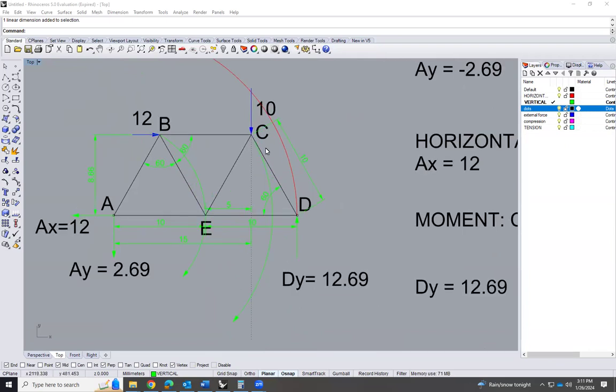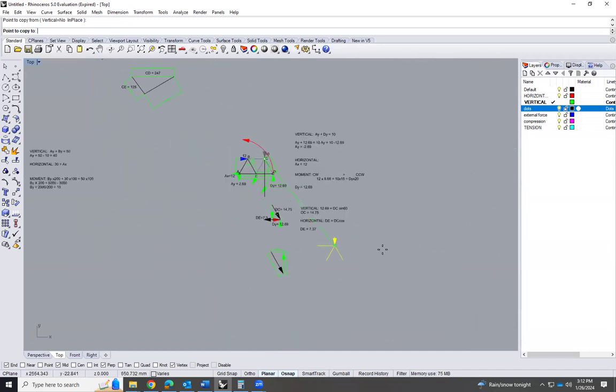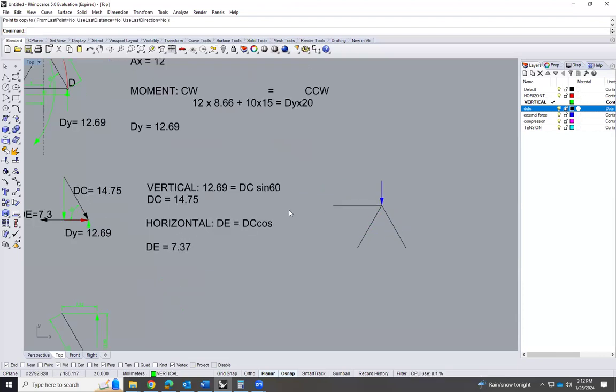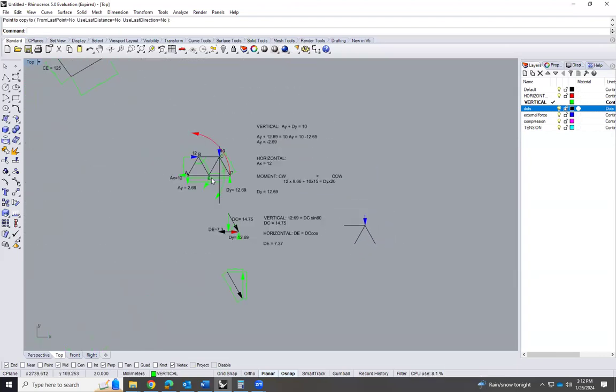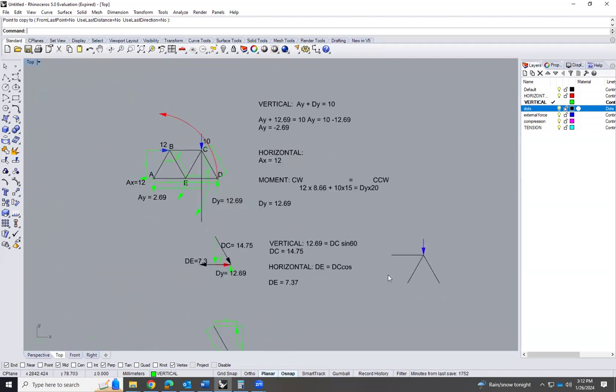Now the next point can be point C. So I'm going to copy everything that I find at point C, and I'm going to move it here. Okay, so that will be C. What's the name of the bars? We have DC, that bar here, that happens to be this one.